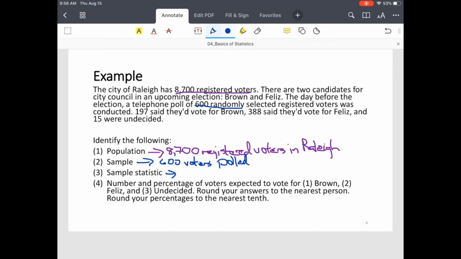So 197, and again we're going to apply a percent. 197 divided by 600, we want to convert to a percent. So 32.8% will vote for Brown.